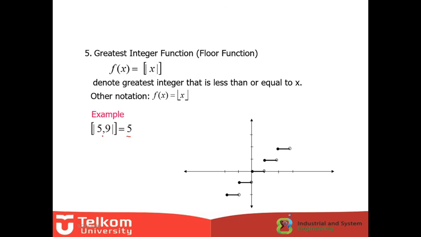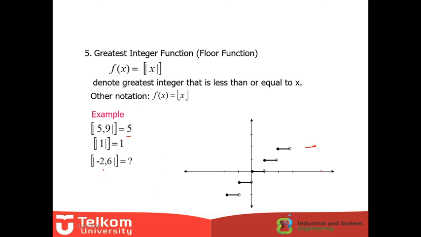The floor of 5.9 should be 5, from 5.9 going down to 5, making the floor function here. 1 should be equal to 1.